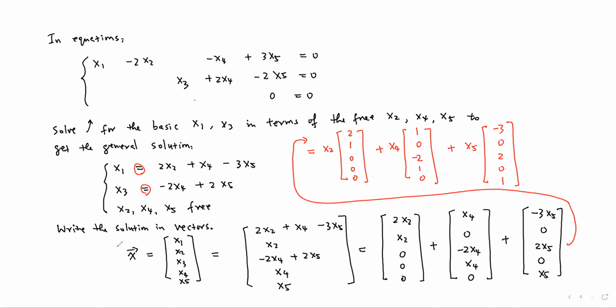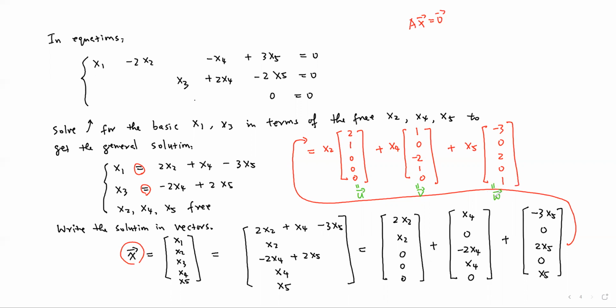So each solution of this linear system is a linear combination of these 3 constant vectors. Let me name these 3 vectors U, V, W, for example.